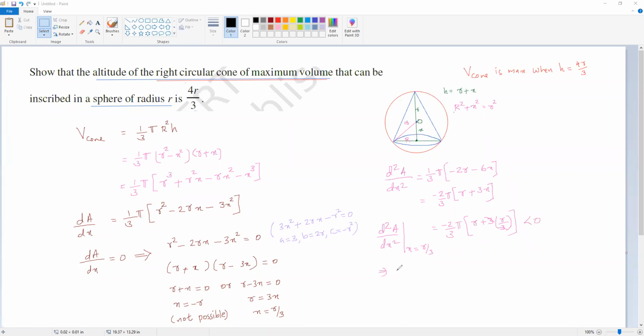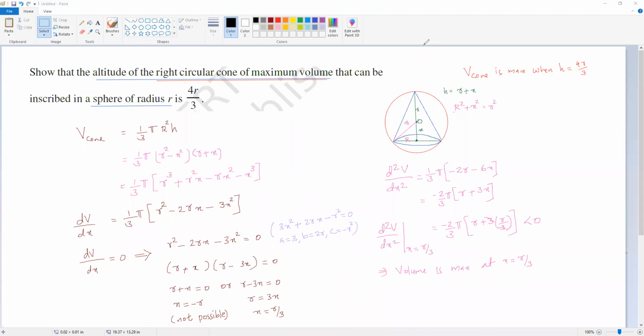That implies volume, sorry, I used a different letter here earlier for volume, so you have to use V. So d square V by dx square is negative, that means volume is maximum at x is equal to r upon 3.